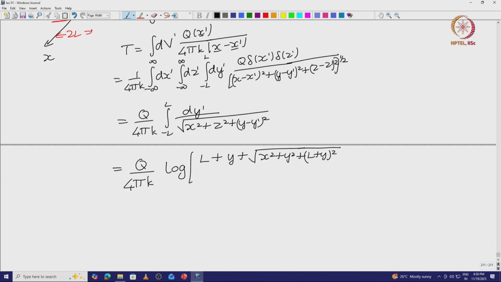Note that once I integrate over y prime, the result is no longer dependent upon y prime.